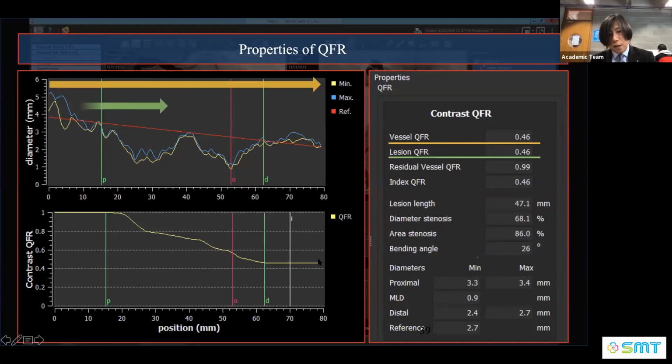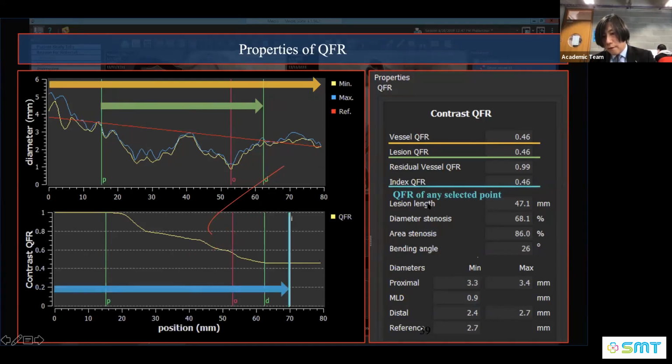Lesion QFR is for this green part, which is the lesion, and that's 0.46. And index QFR is the QFR of any selected point. So you can move this QFR point, and you can really measure along this pullback what the QFR is at a certain point of a coronary artery.